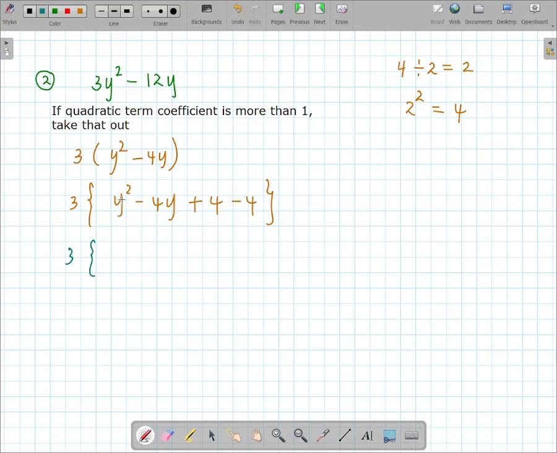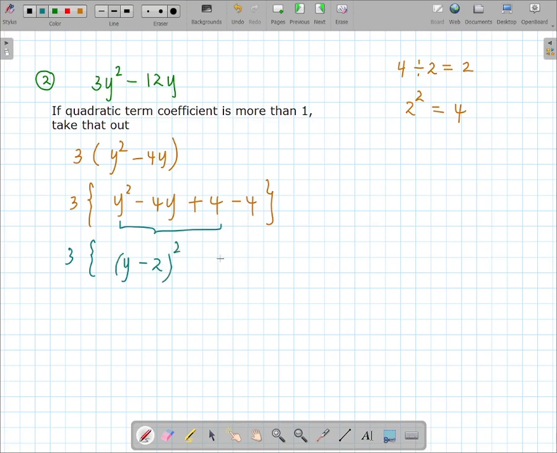Then when you consider the first three terms, it is a complete square. How do you write it? You go to the variable, you write that, and you go to the linear term and take the coefficient with the sign, that is minus 4 divided by 2, that is minus 2. So this is the complete square.